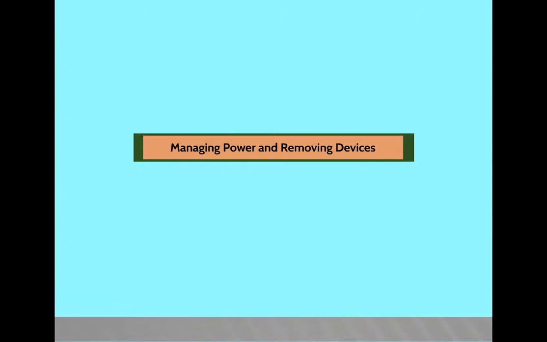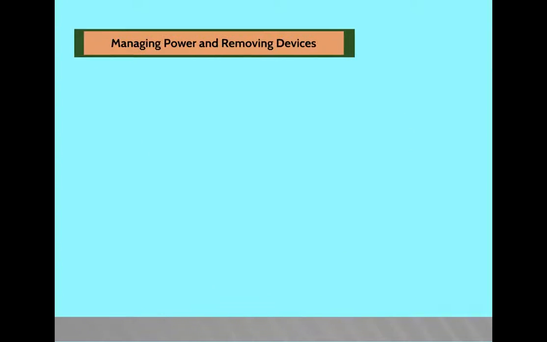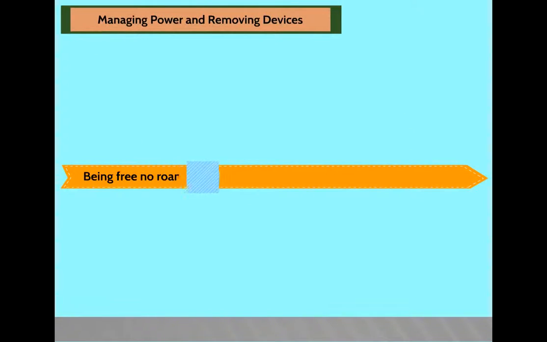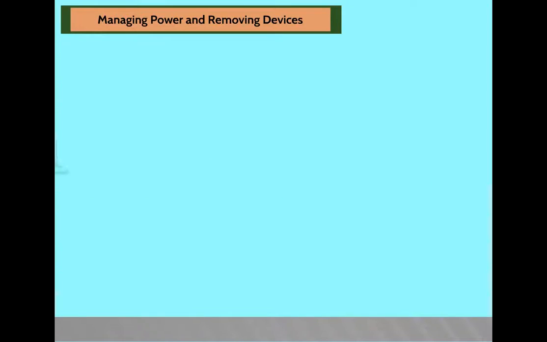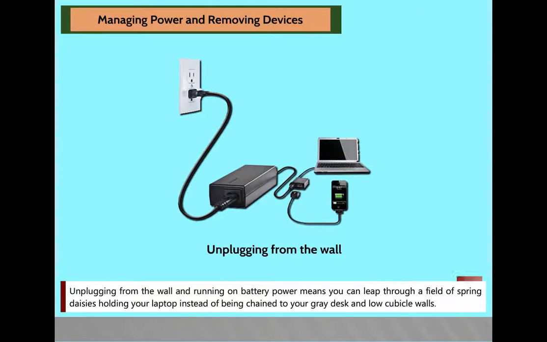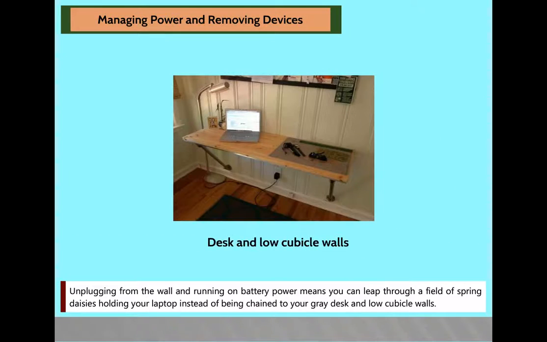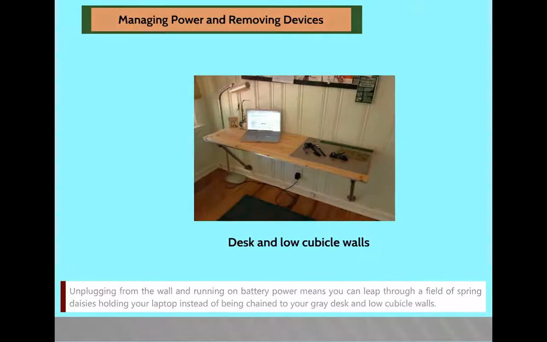Managing power and removing devices. Being free to roam with your laptop wherever you want is a great thing. Unplugging from the wall and running on battery power means you can leap through a field of spring daisies holding your laptop instead of being chained to your gray desk and low cubicle walls.